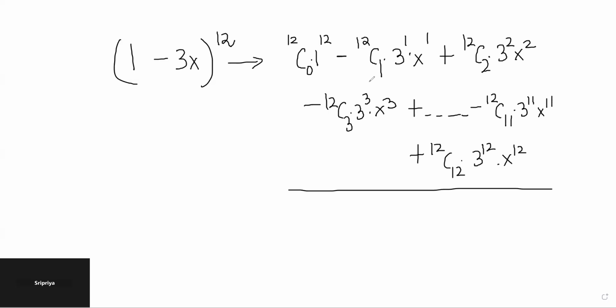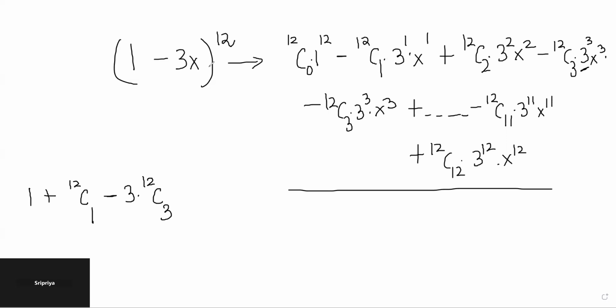And what we had was what? You need 1 plus, when you put r equal to 1, you get a 12c1. And then the next term was minus, when r is equal to 2, minus 3 into 12c3, right? So when we get a 12c3 here, we are getting 3 cube x cube, right? So ideally, I don't want 3 cube here.